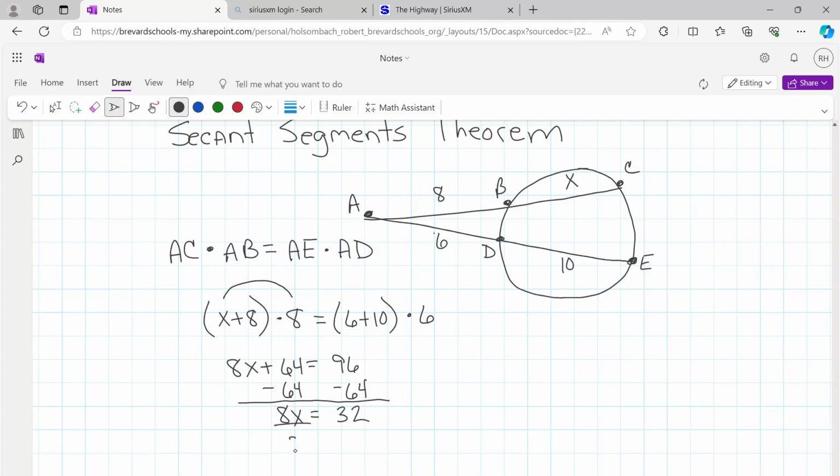And then divide both sides by 8. Our X is equal to 4. Any questions there? Okay.